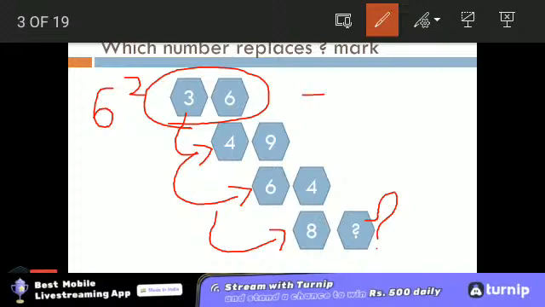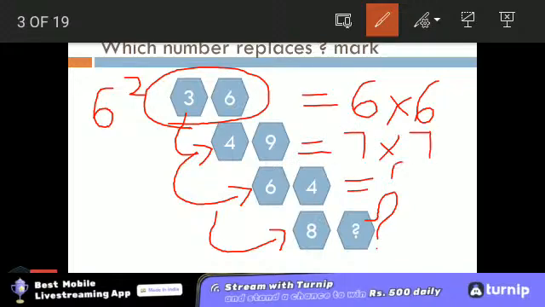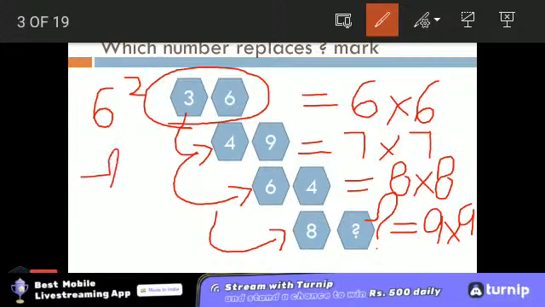Square means we are multiplying it by the same number. 6 sixes are 36. 7 sevens are 49. 8 eights are 64. And now we have 9 nines. 9 nines is 81. So this question mark will be replaced by the number 81. Great, Ritik. Moving ahead to the next question.